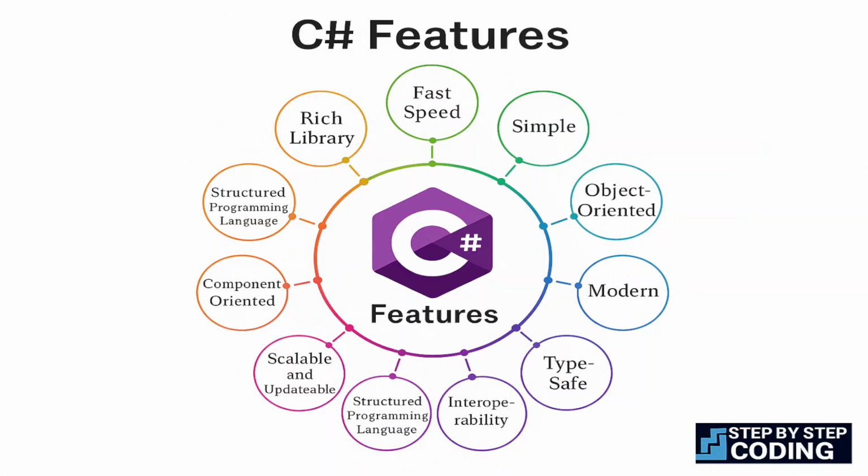Now coming back once again to the many features which C Sharp provides. For example, it's a very modern language. What it actually means is that it's constantly evolving, and these days any modern language should provide that, because things are changing at a fast pace.